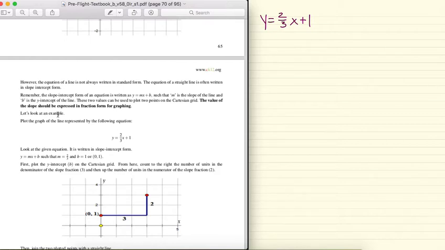So y equals 2/3 x plus 1, well, according to this problem, our value of m is 2/3, meaning the amount we rise is 2 and the amount we run is a positive 3 to get from one point to the next. The other piece of information I'm told by the way this equation is written is my y-intercept. I'm told that the y-intercept is a value of positive 1. So I can draw my Cartesian grid.